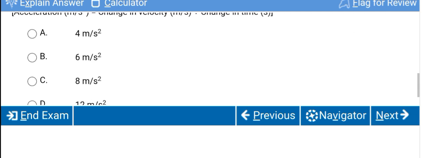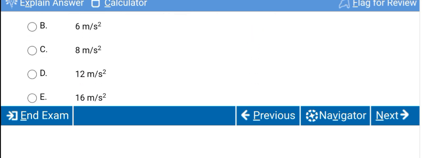So option A is 4 meter per second square, option B 6, option C 8, option D 12, option E 16 meter per second squares.